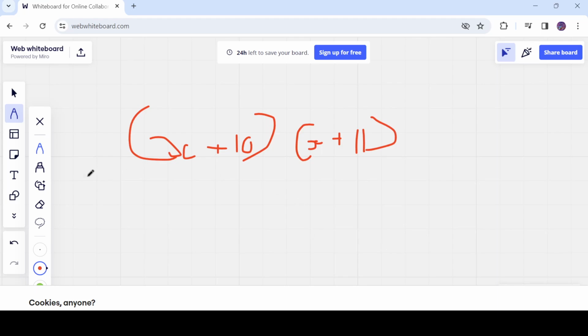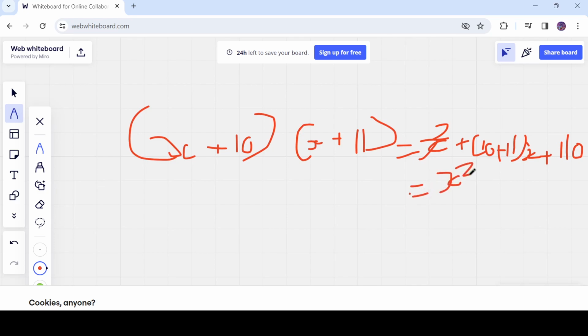Yeah, and as you saw, that's completely true, because let me just solve it with you. x squared, like I said, plus (10 plus 11)x plus 110, which is equal to x squared plus 21x plus 110.